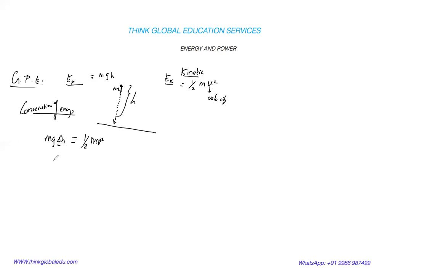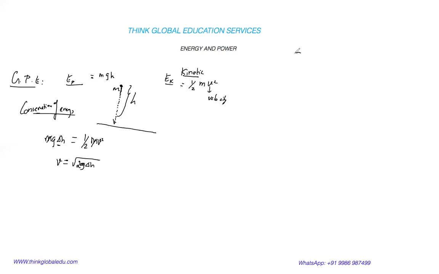Now you can rewrite this equation to derive the velocity of the falling object, which is equal to the square root of 2 g delta h. Here m and m get cancelled, so we do not get m. What does it represent? It says that whenever an object is falling, the mass of the object does not matter. This condition is only true when we ignore air resistance and friction.